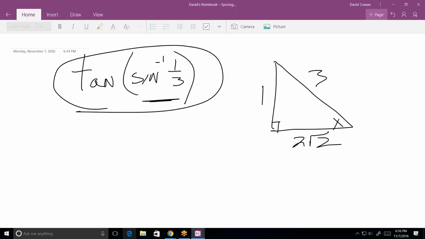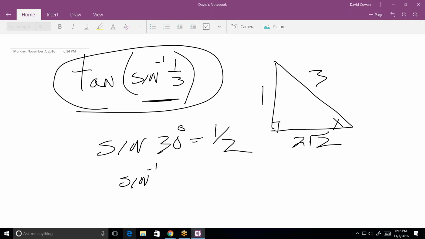Does it matter that it's inverse? No. Understand what inverse means. If the sine of 30 degrees equals 1/2, we take trig functions of angles to get ratios, right? Well, this also means that the inverse sine of 1/2 is 30 degrees.